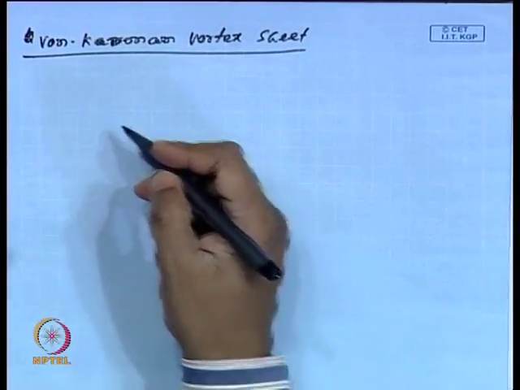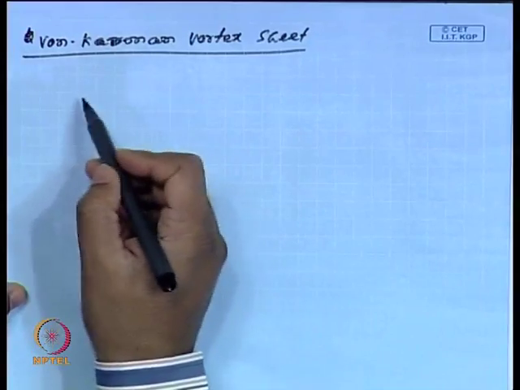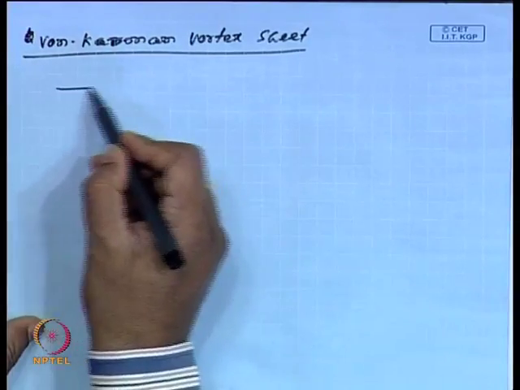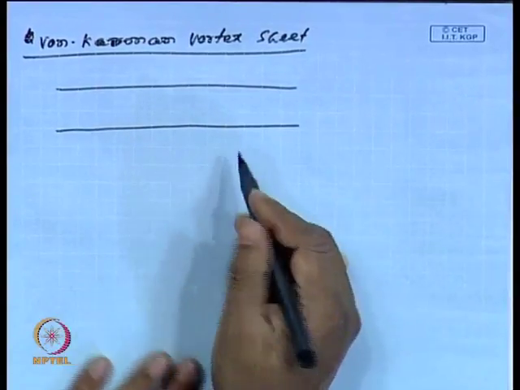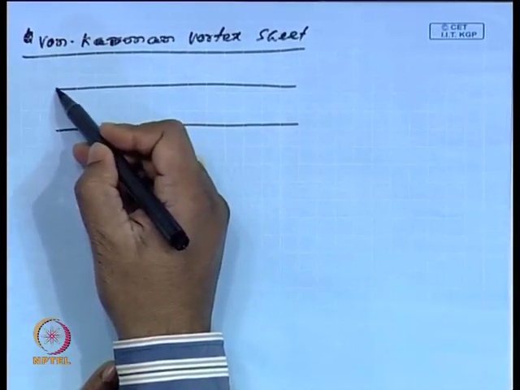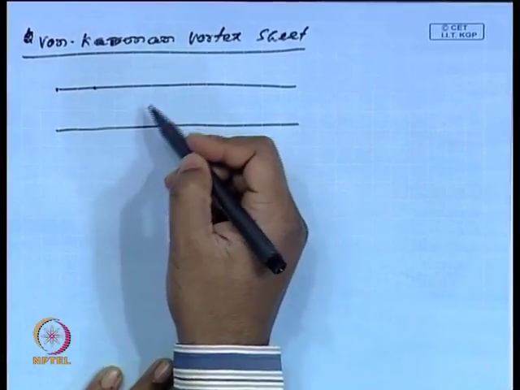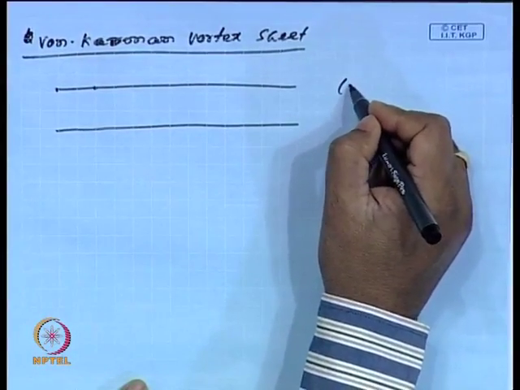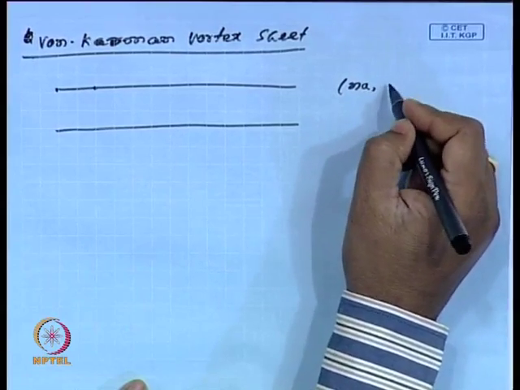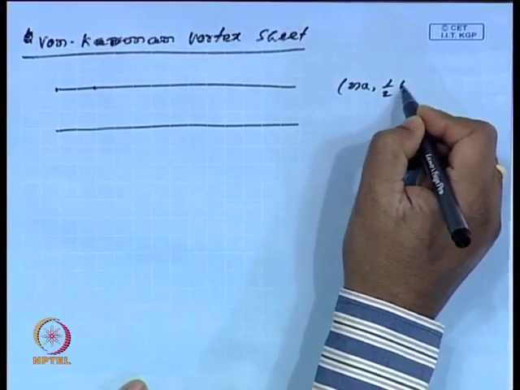And in the case of a von Karman vortex sheet, we have two parallel rows of vortices, infinite rows of vortices. The first one is placed at the points n a, and the other one at half of (2n+1) a minus half i b.